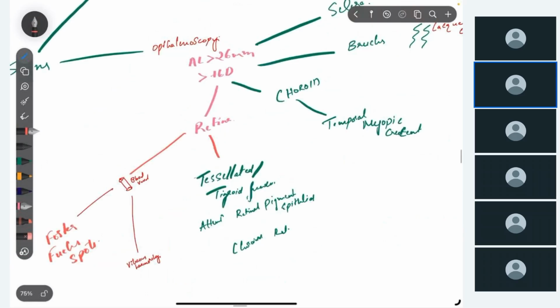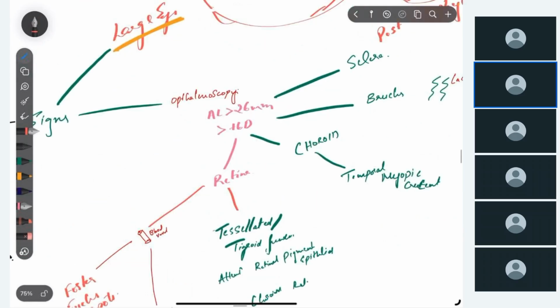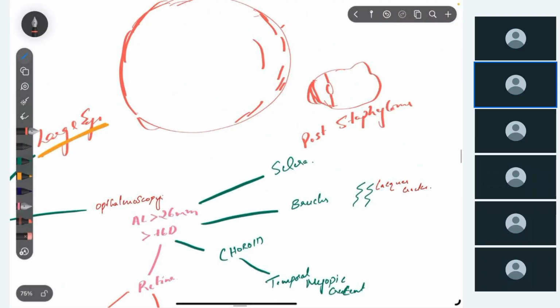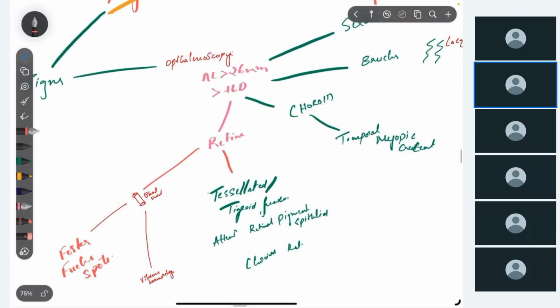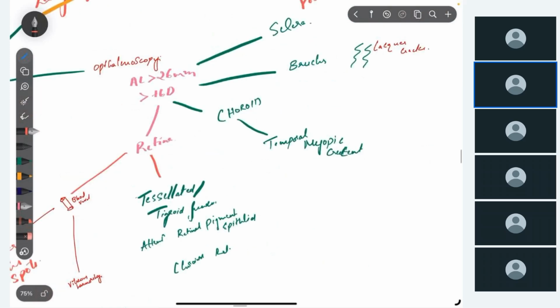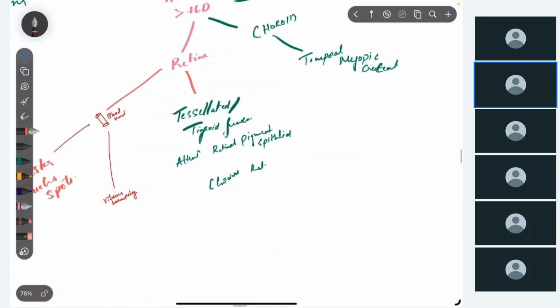On ophthalmoscopy, if the retina gets stretched, the retina will break and it will get atrophied. So you will get a tessellated or tigroid appearance. What is this? We'll see.